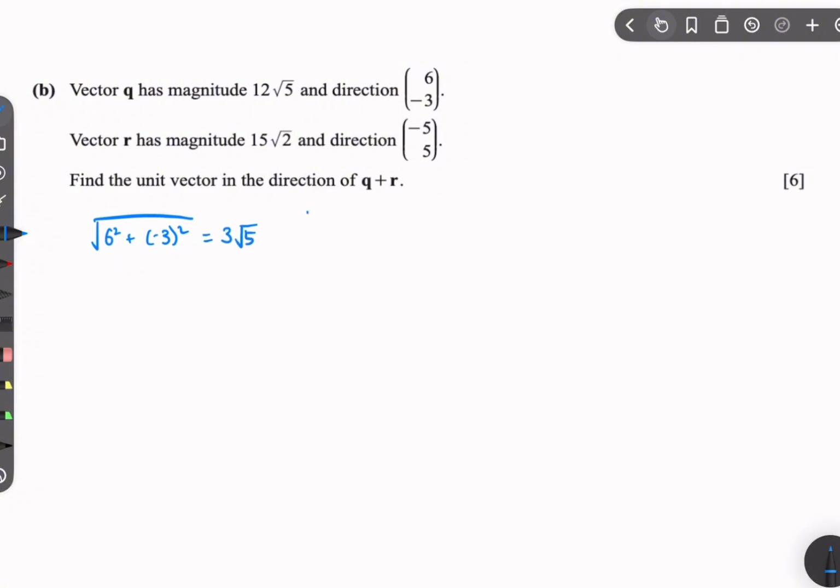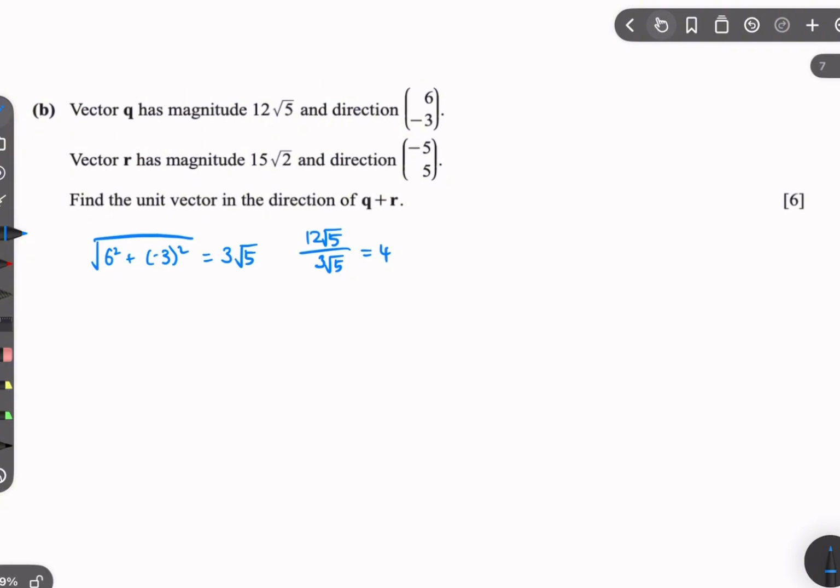And let's take the magnitude divided by the magnitude of the vector, and it should be 4. So we know that the magnitude is 4 times the vector given, and what we want is the magnitude, so we'll take 4 times the vector given. So this is for Q.